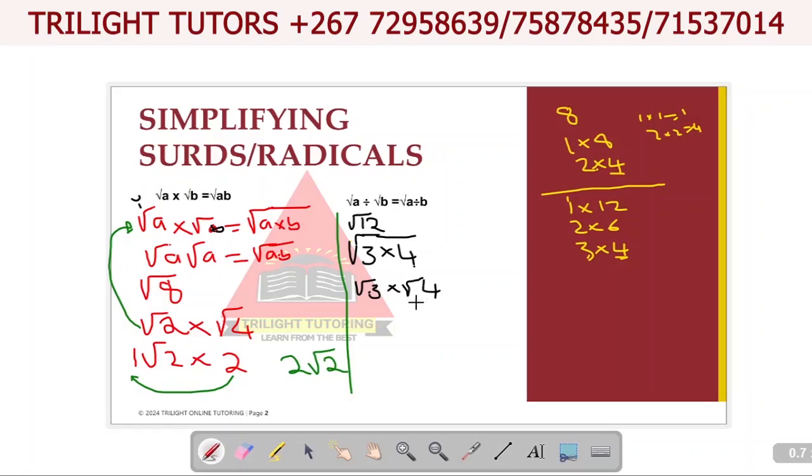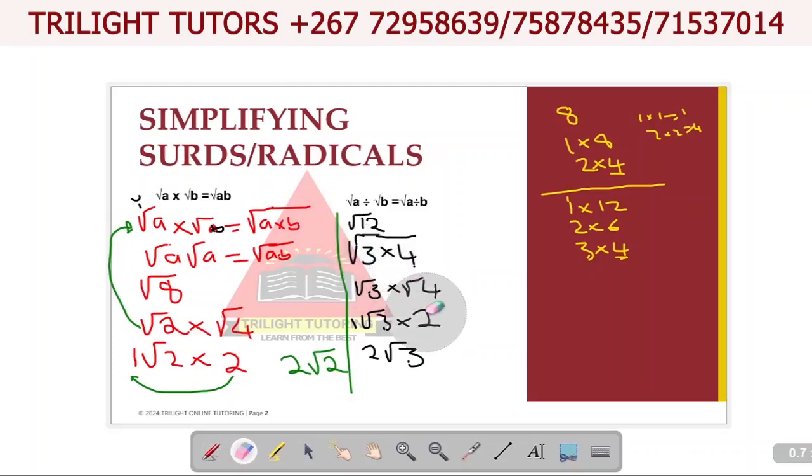Now we know that the square root of 4 is 2. So let's assume that there's a 1 here, so we say 2 times 1, then we have 2 root 3. That's how we do it in multiplication.